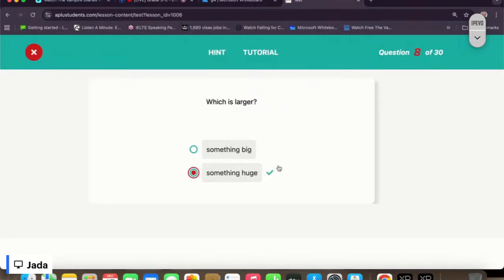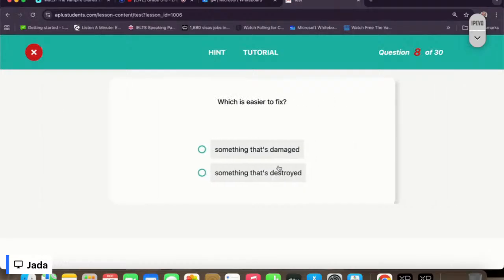Okay. All right, then, which is easier to fix, first or second, something that is damaged or something that is destroyed?